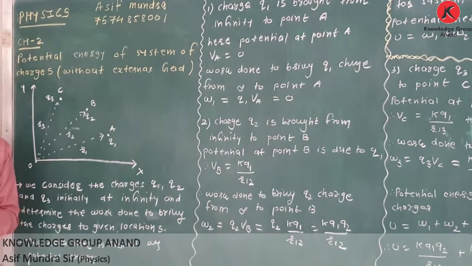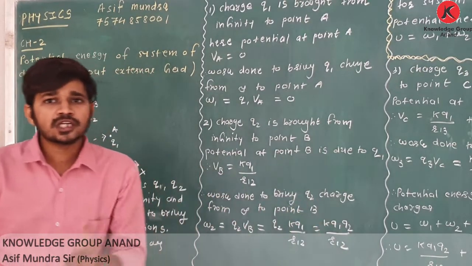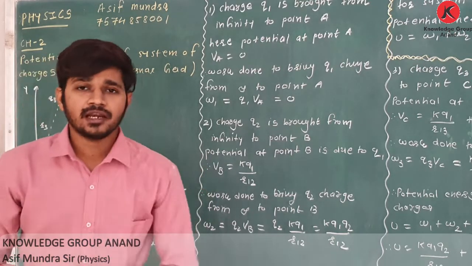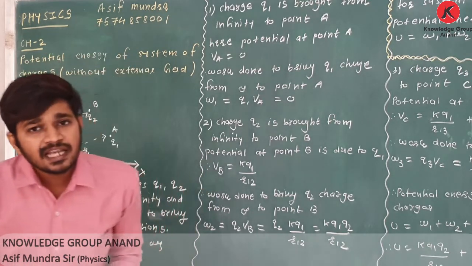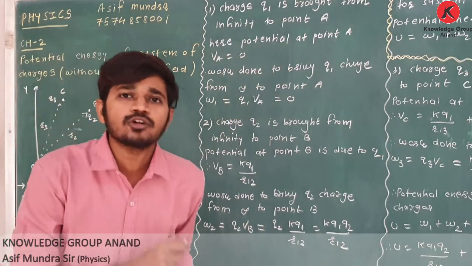Potential energy means what? We know that to bring a charge from one point to another point, we have to do some work, and that work is stored as potential energy. We know that at infinite distance, potential energy is 0.